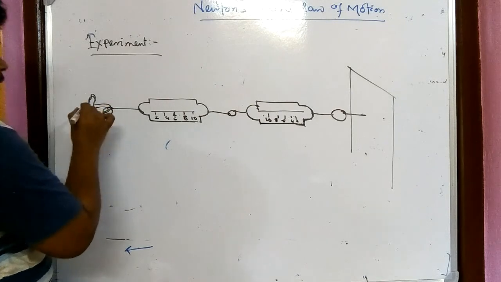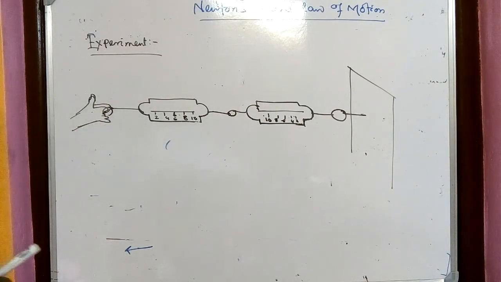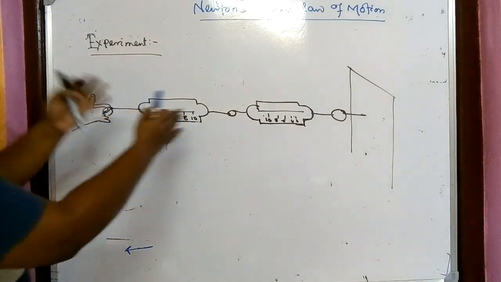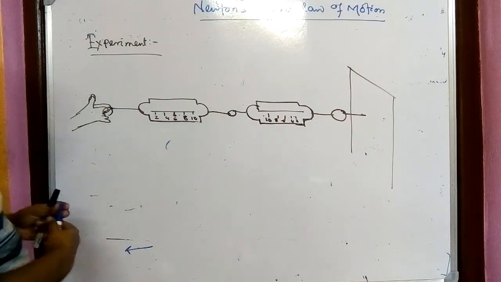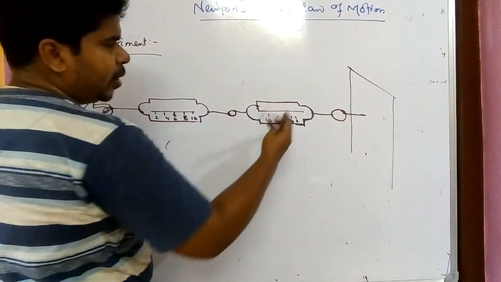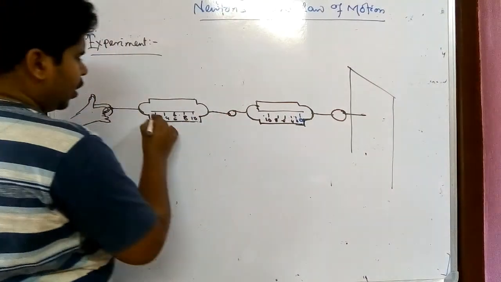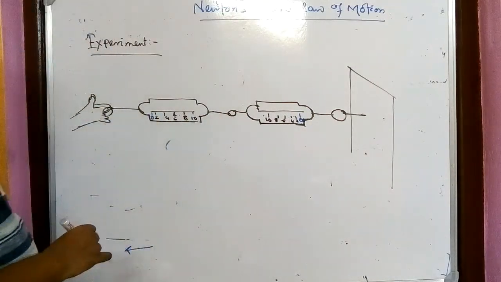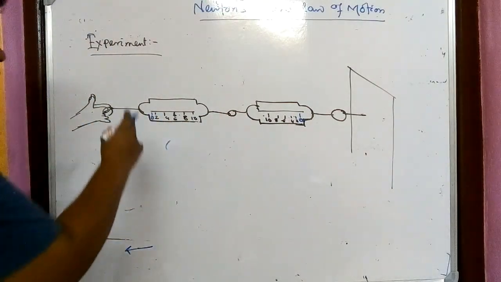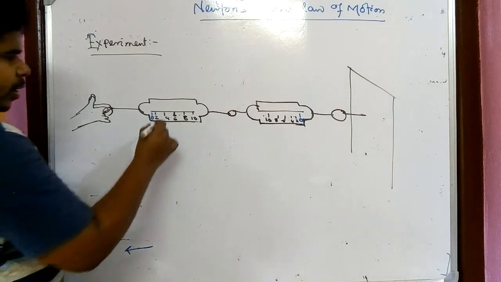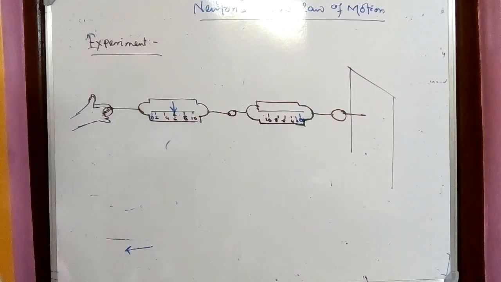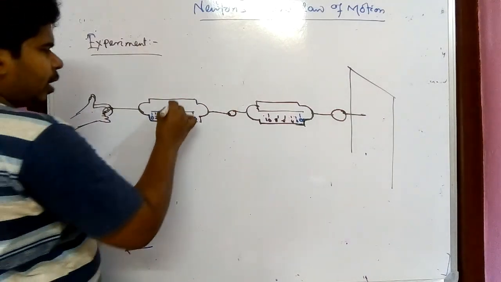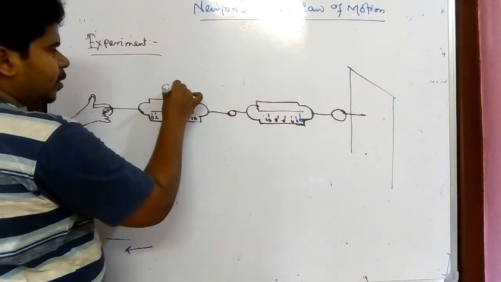So the condition of the drawing is very bad, whatever, I'm just trying to do it faster. See, two spring balances are connected in opposite directions. Here it is the starting point, that is 0, and here is the starting point, here it is 0. When you are applying force on it, assume the pointer comes here at 6. That means you can assume that here you have applied a force of 6 Newton.